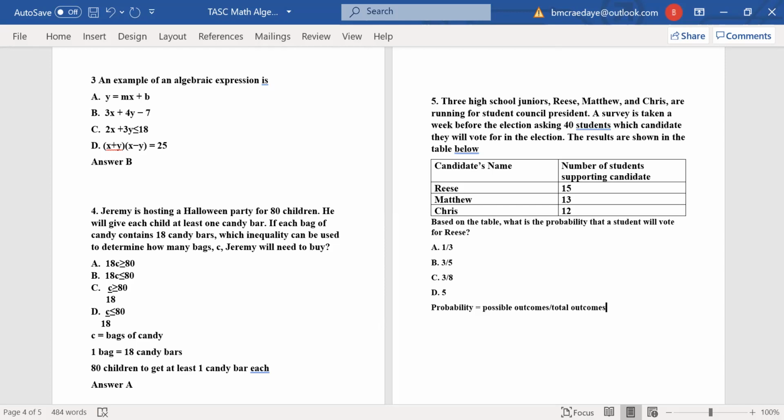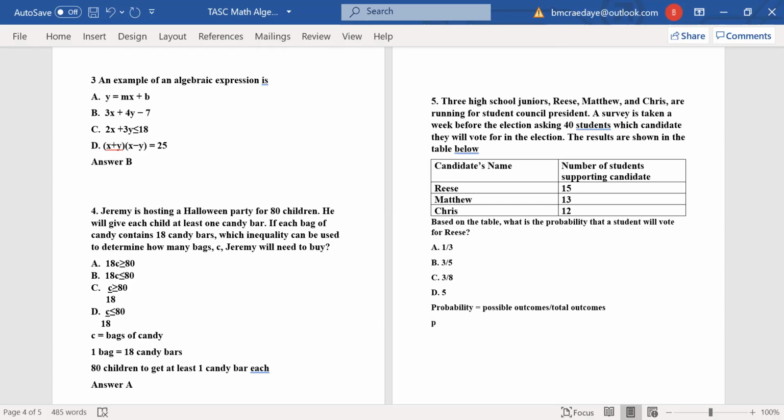And there's 40, you add up the questions, right? So it's 3, 25, 30. What's the possible outcomes? The possible outcomes would be Reese's number. Vanessa, what number did you get? 15. What did you get, Vanessa? For Reese, I'd look at C. That's correct.